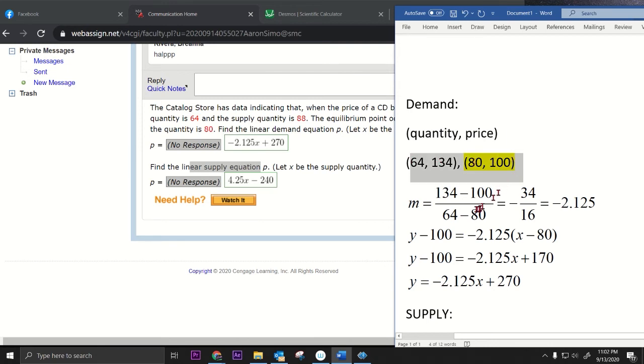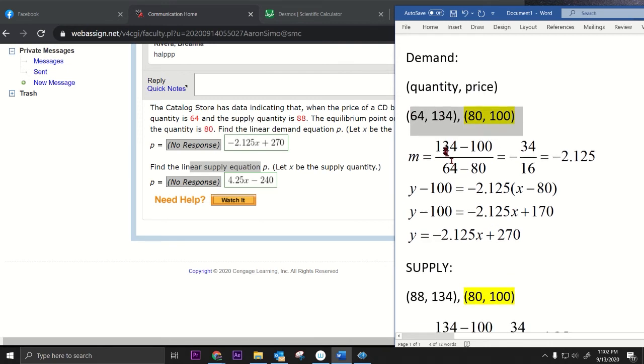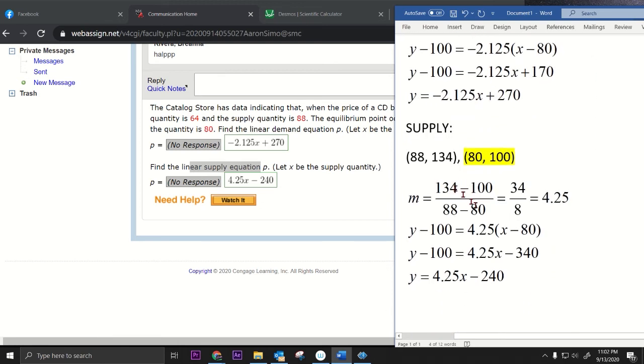Try to get two ordered pairs, and then start creating the equation. Same thing with the supply. Create two ordered pairs, find the slope first, plug it into this equation, plug in the x and the y from the point we picked, and then proceed to find the equation.